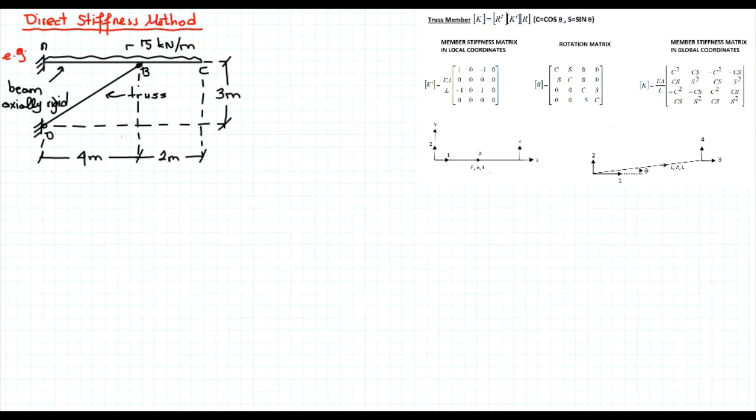So let's first do the discretization, but before doing that, let me define the global directions. So this is global Y, that's global X. So let's put a note, this is our global axis or coordinate system.